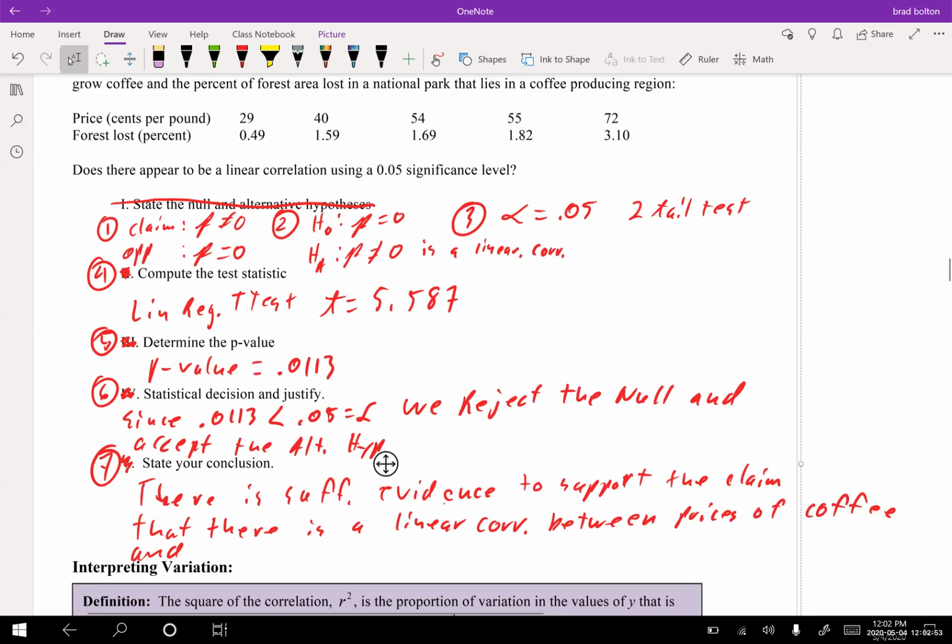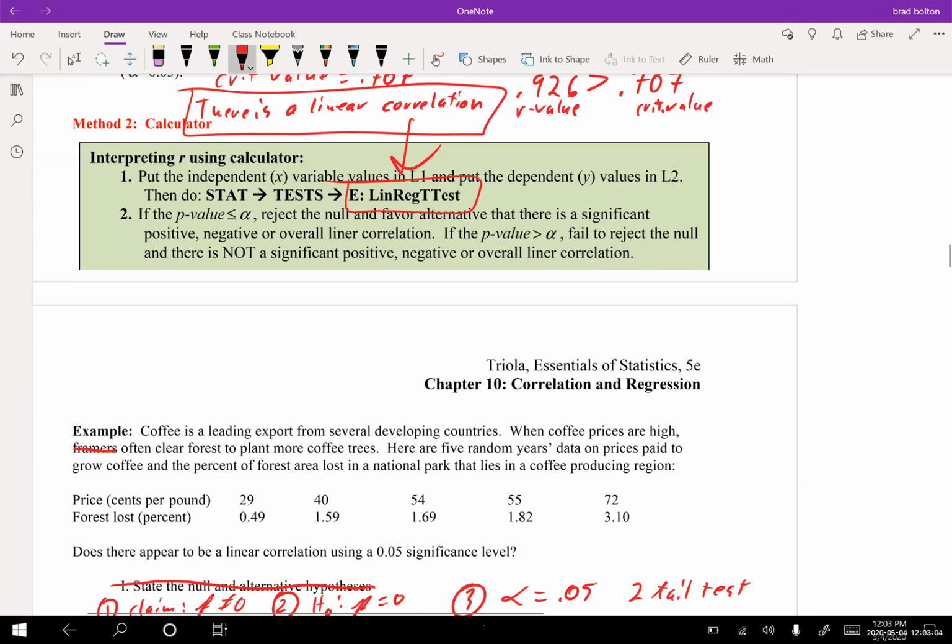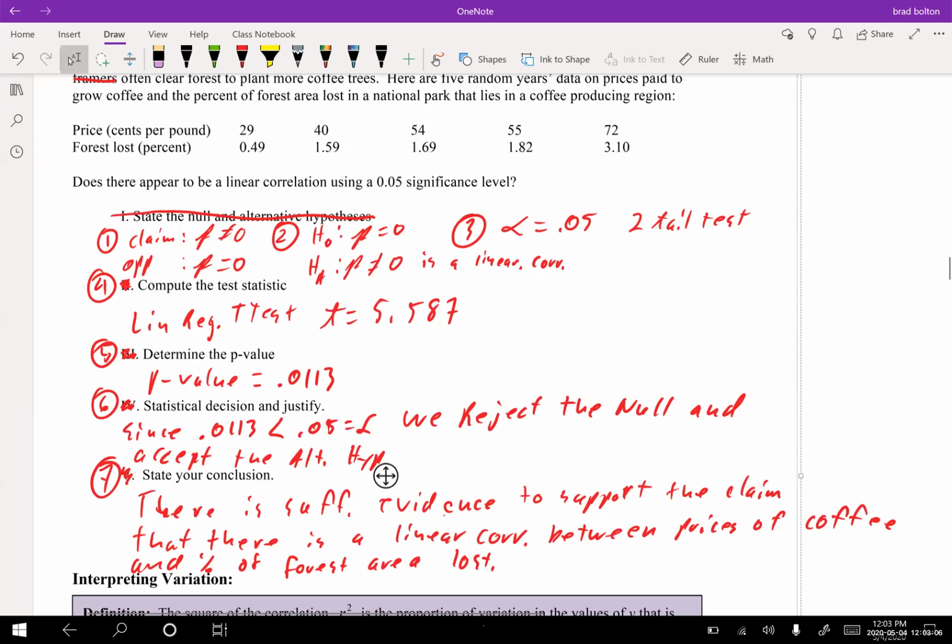Forest area lost and percent of forest area lost. Okay, so that's how you kind of can do the beginning of chapter 10.